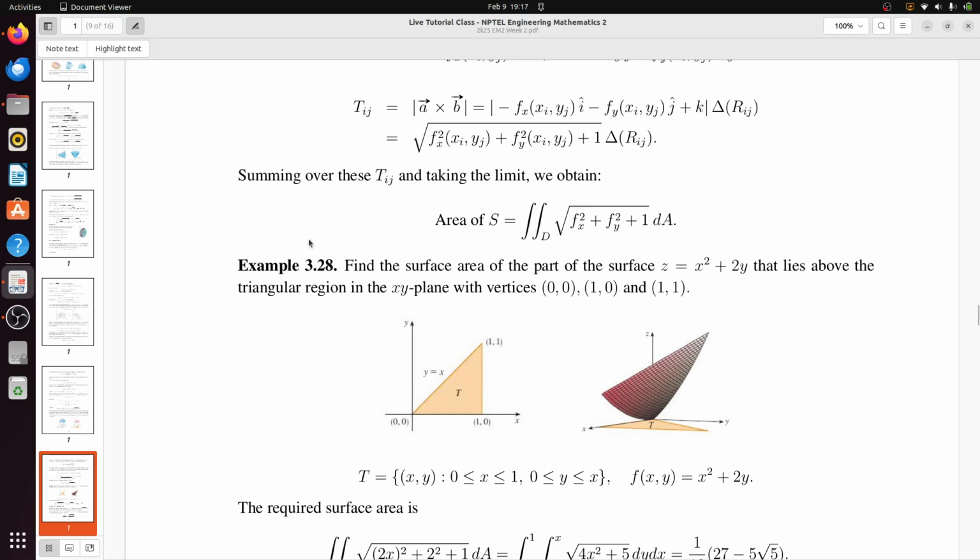How to do this? So you have the surface area of the part of the surface z equal to x square plus 2y that lies above the triangular region in the xy plane with vertices (0, 0), (1, 0) and (1, 1).